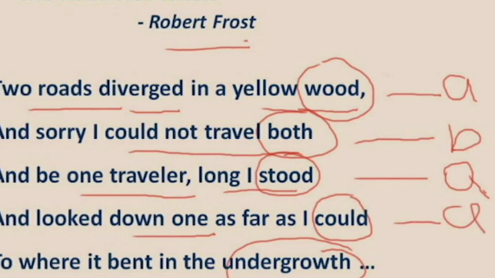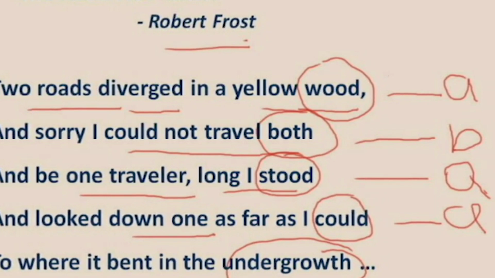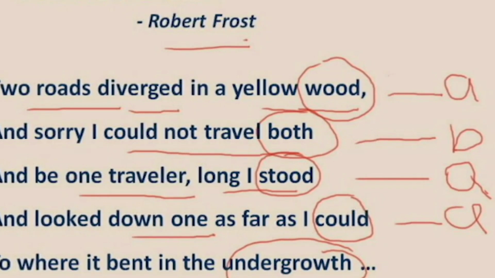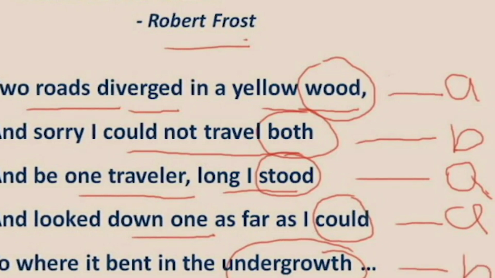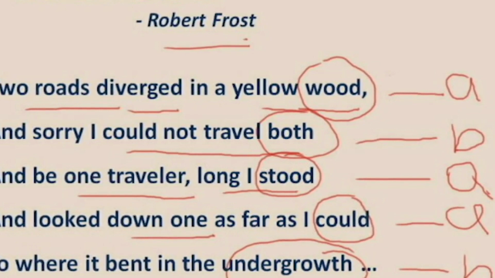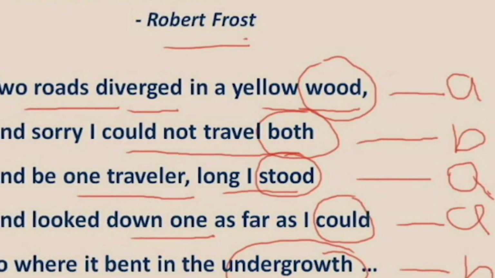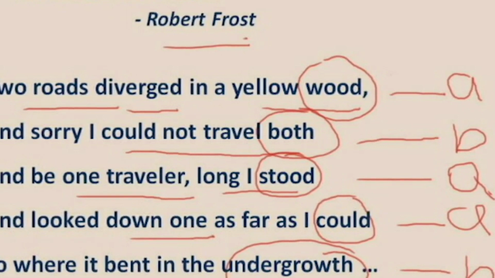And undergrowth does not rhyme with wood, so it will not get a. Undergrowth rhymes with both, so for undergrowth we write b. So if somebody asks what the rhyming scheme is, we have to say the rhyming scheme is A, B, A, A, B. You got it?